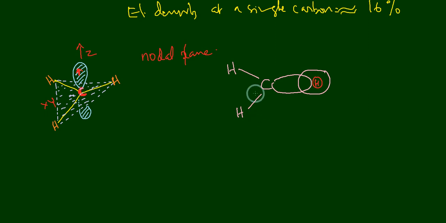Now let me draw the electrons in this species. You already know that carbon will have 4 electrons in its valence shell.